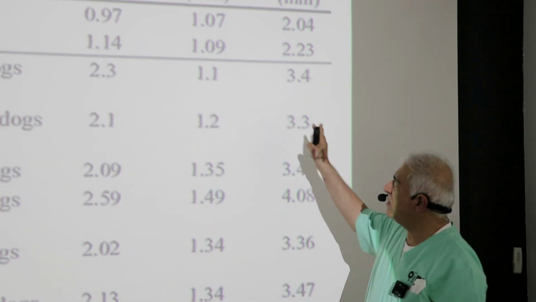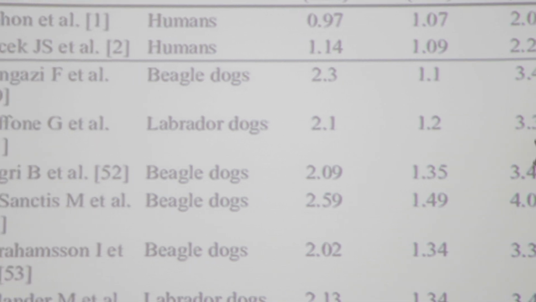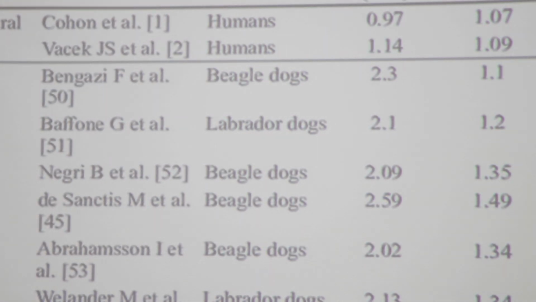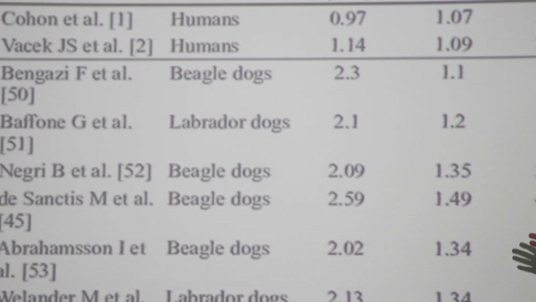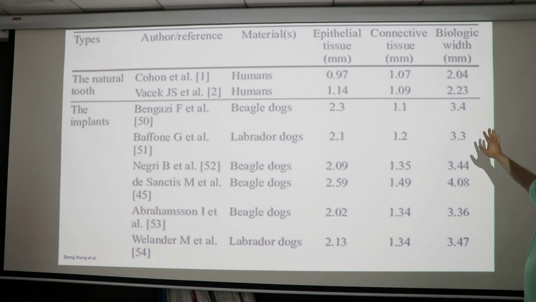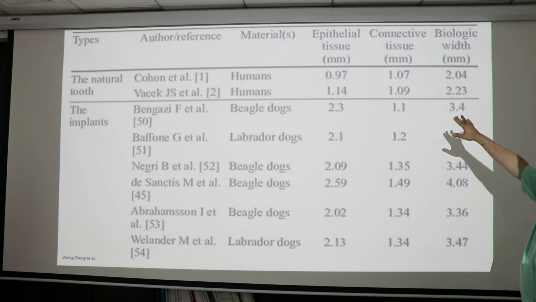Okay, so what all these articles are saying is, there is an average for the whole world. So it's not something you have to be surprised about. We know the approximate amount of the biologic width, which is fixed.